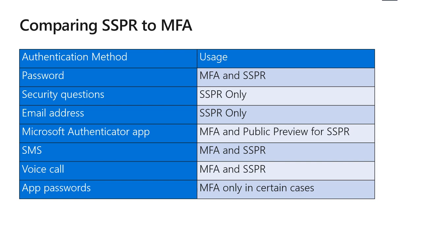Some authentication methods may not be available to all features. Microsoft highly recommends admins enable users to select more than just the minimum required number of authentication methods in case they do not have access to one, right? Okay, there we go. That's the end of our module 10, right?